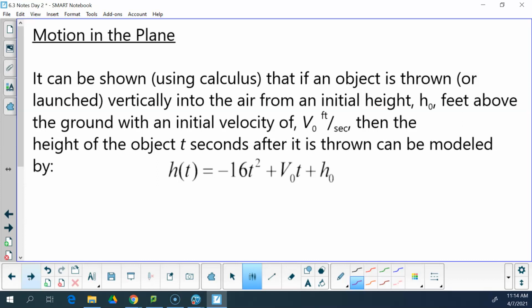So it's shown that if we do that vertically in the air from initial height of h sub 0, so this is the height. The height of our launch is h sub 0.